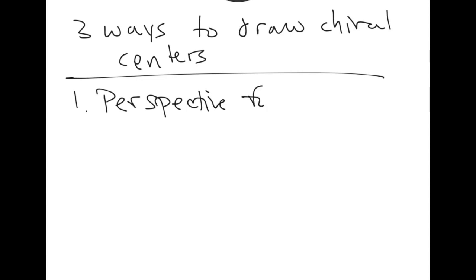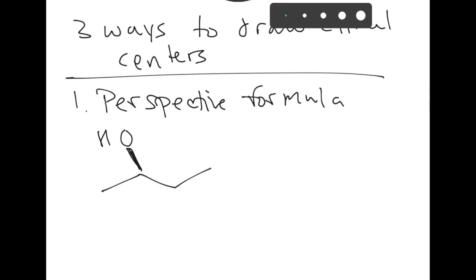What is this? Perspective formula, right? That's where you basically are building off of a skeletal structure, where you have usually the longest chain or just a carbon chain in the plane of the molecule, and then you're going to have wedges and dashes coming off of a carbon.